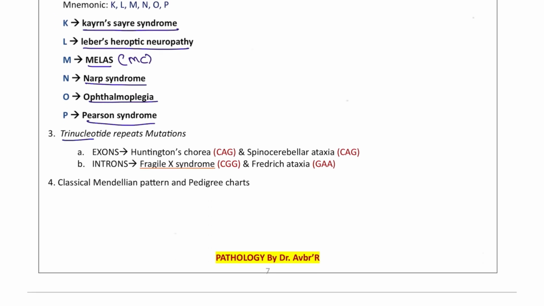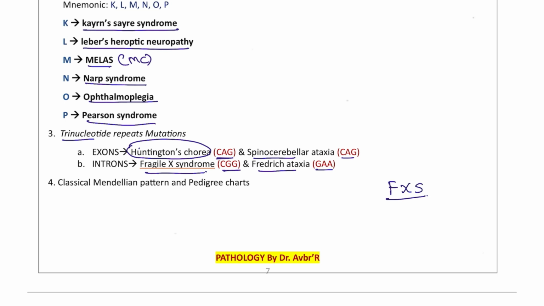Next, trinucleotide repeat mutations. What are the trinucleotide repeat mutations? Examples: CAG is Huntington's chorea, and CAG in another type is spinocerebellar ataxia; CGG is Fragile X syndrome; and Friedreich's ataxia is GAA. I want to tell you about Fragile X syndrome.